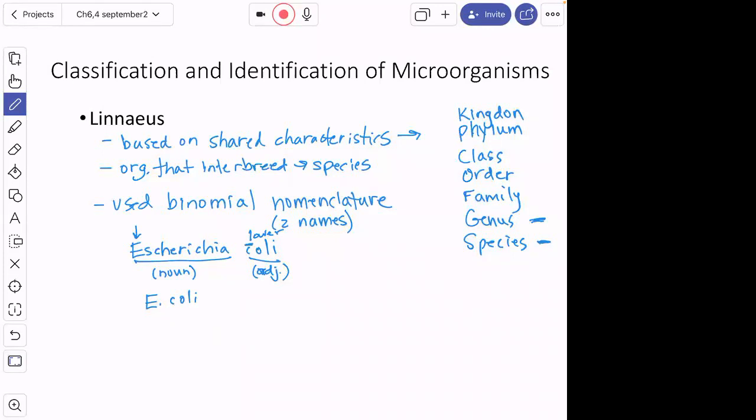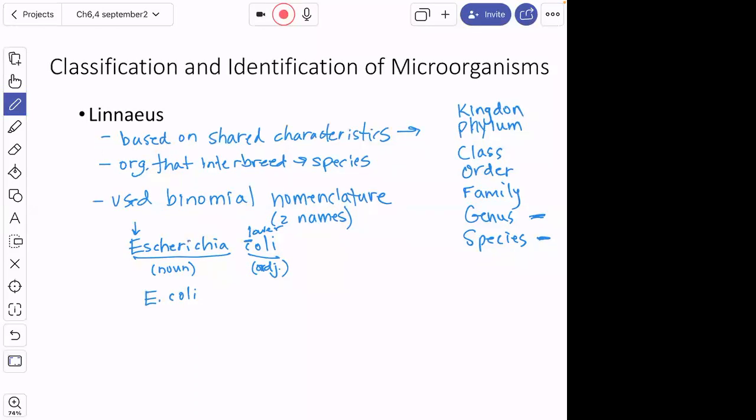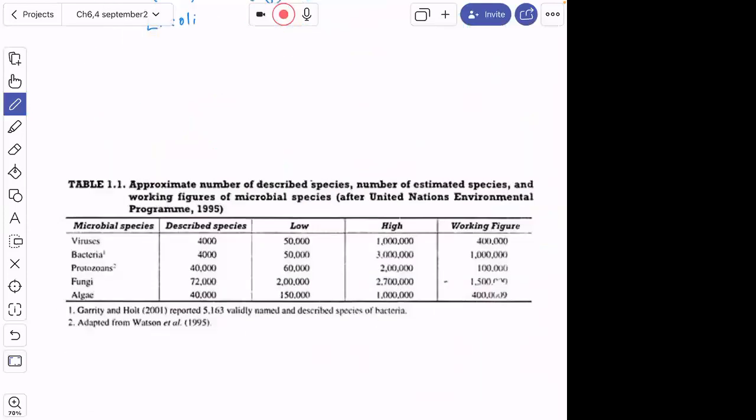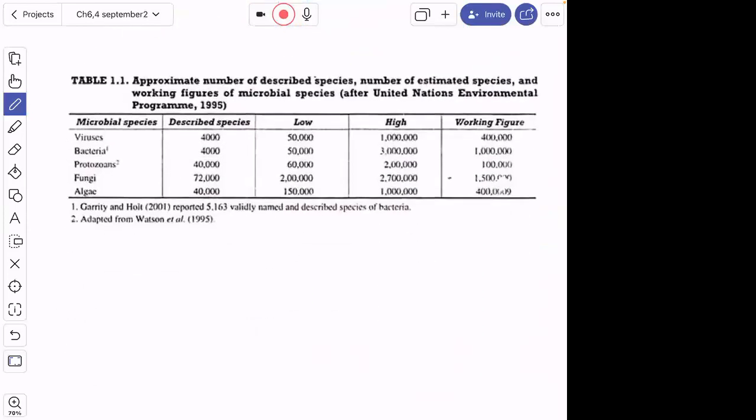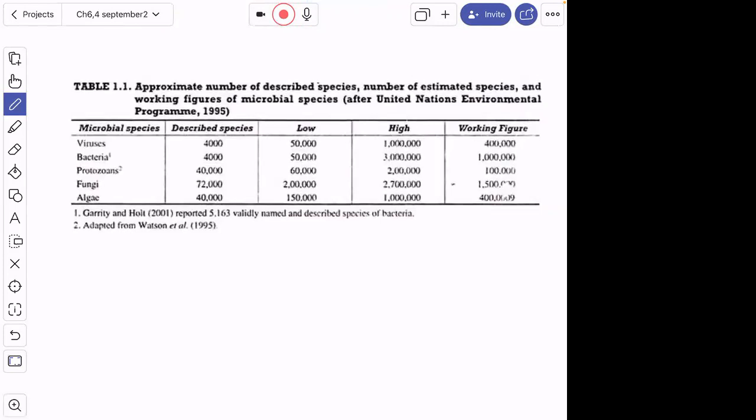Okay, let's see. All right, so I did not post this mostly because I didn't have a good reference for it. I got it out of an encyclopedia at the library and it's kind of old, but I just wanted to show you this as further proof that we need to be organized in how we're naming things and organizing our information.